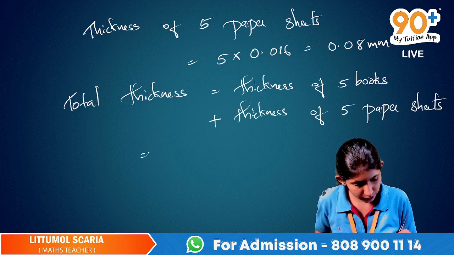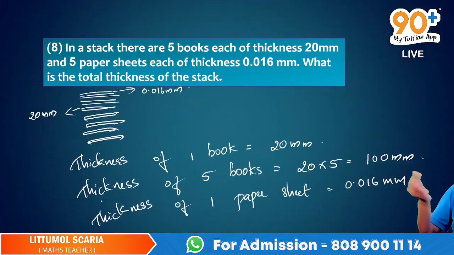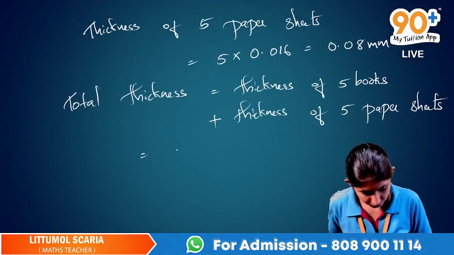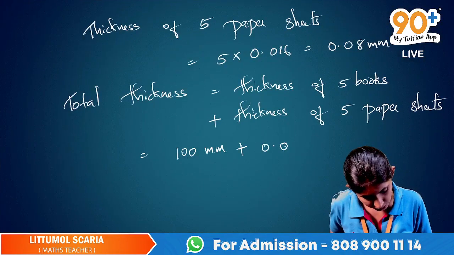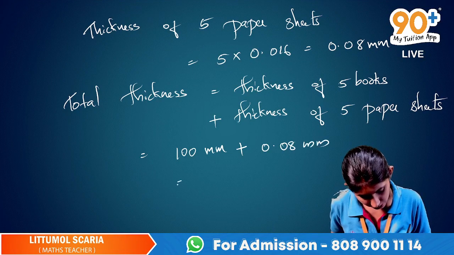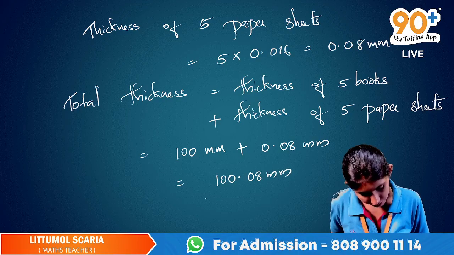And that is equal to what was it? Yes, here we go: 100 mm plus 0.08 millimeter is equal to 100.08 millimeter. That is the final answer.